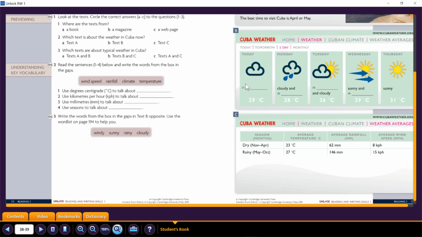Okay, starting with this one. What is this? Is it a sun? Is it raindrops? Is it a cloud? Is it wind? What do you think? It is a cloud. So, are you going to write here windy, sunny, rainy, or cloudy? What do you think?